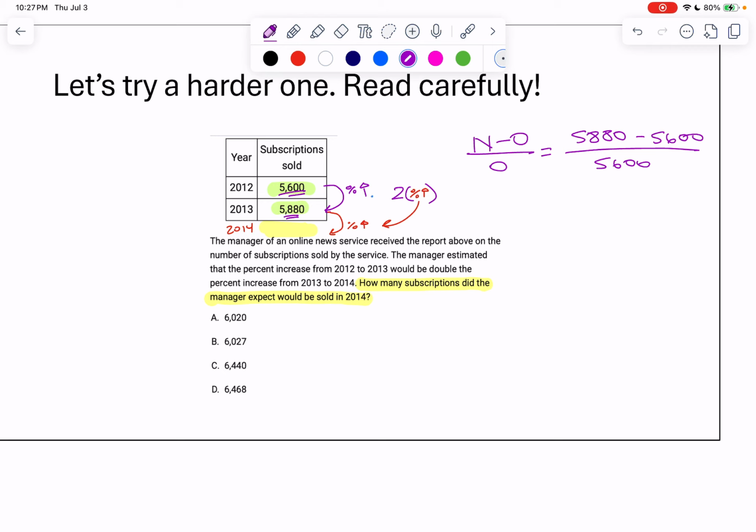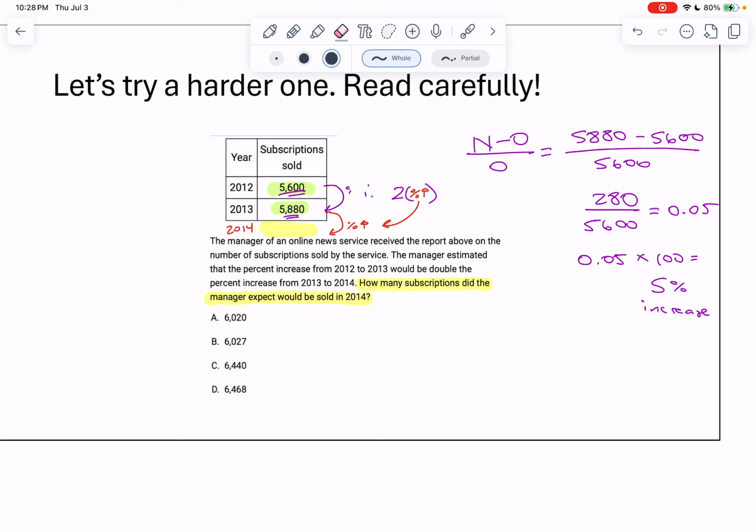I'm going to punch that out on my calculator. 5880 minus 5600 equals 280. In my numerator, I'm going to divide that by 5600, and that's going to give me 0.05. If I multiply that by 100, which is our last step, we get that it's a 5% increase.